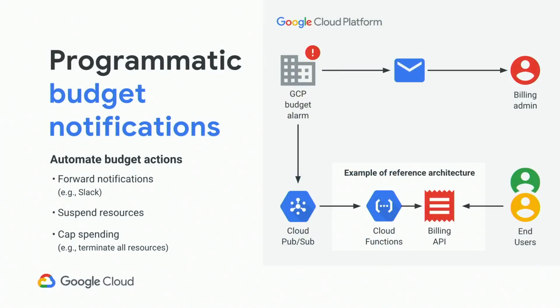Now, this appropriate response could be simply forwarding the Pub/Sub message to your Slack ops channel, where anyone on that channel can see spending alerts. Or it could be something a bit more sophisticated, but not that complicated, like shutting down resources in a sandbox project, or suspending resources, or starting to implement some throttling so the cost rate is decreased.